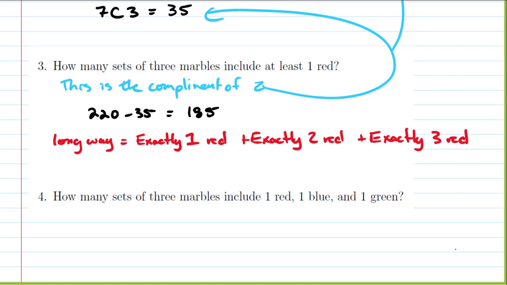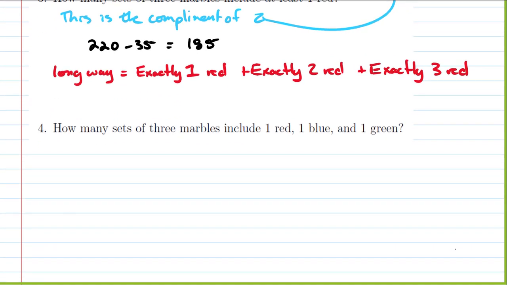So oftentimes when we have at least statements, the complement can be helpful because it will save you a lot of work, because if the complement of the event is easy to count, we can find our answer indirectly. All right, 3 minutes and 1 question. I think we got this.